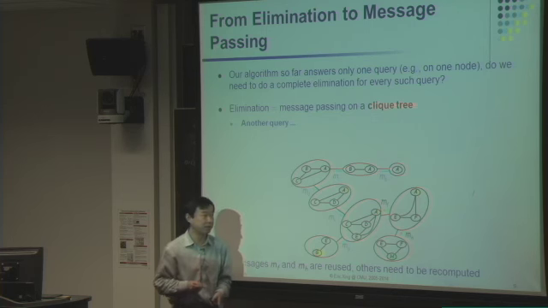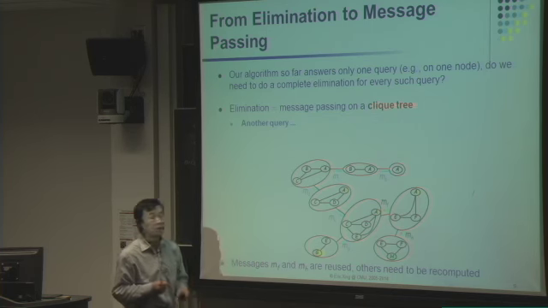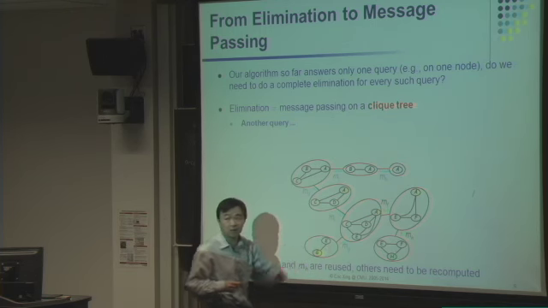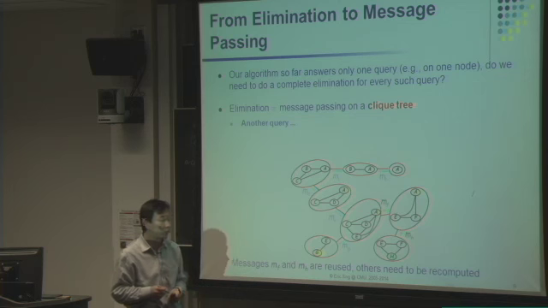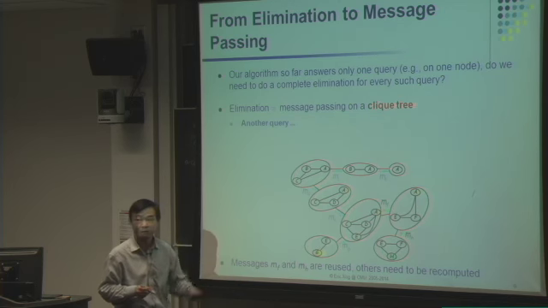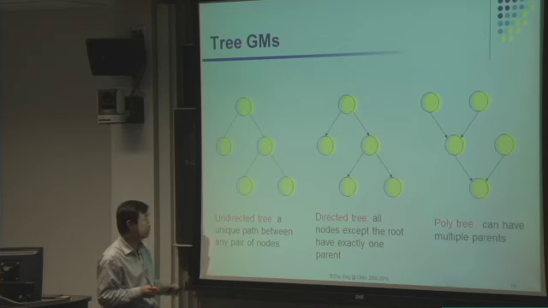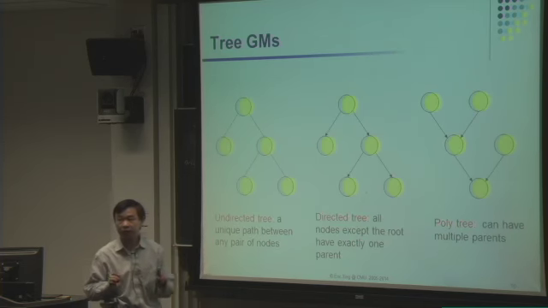So that's the idea about doing inference instead of just elimination, because elimination basically gets you answering one query, but doing inference may allow you to answer multiple queries without an explosion of the cost. Okay, so we're now going to get this idea more formally.